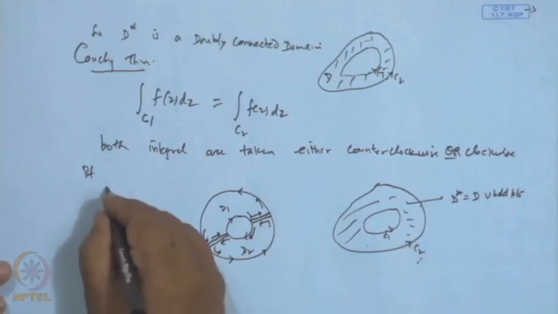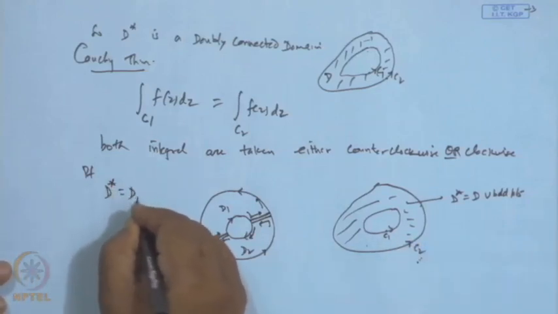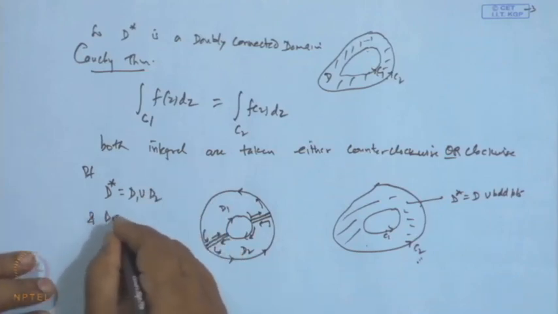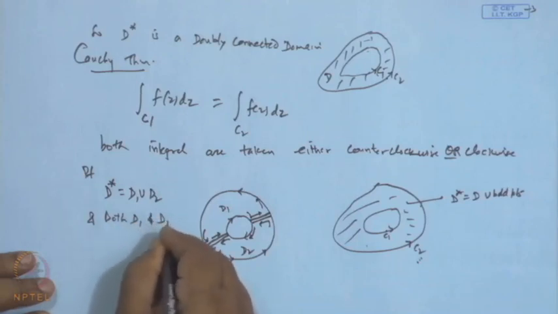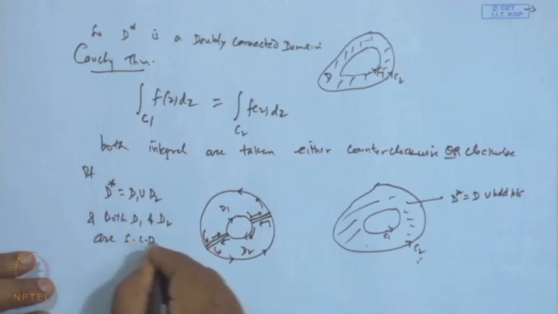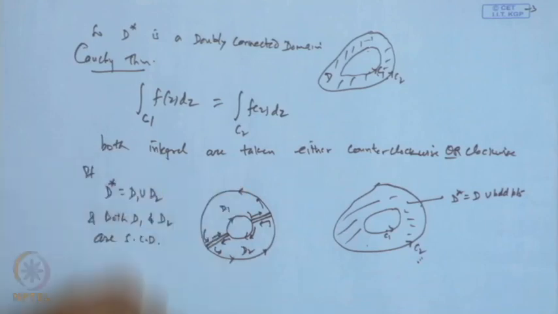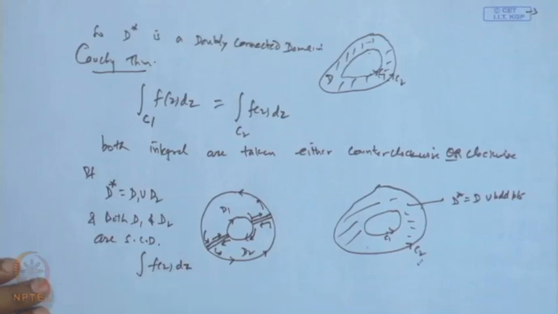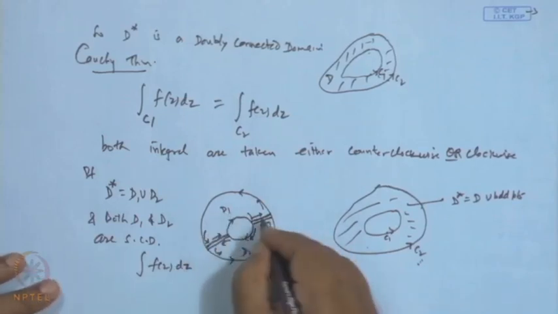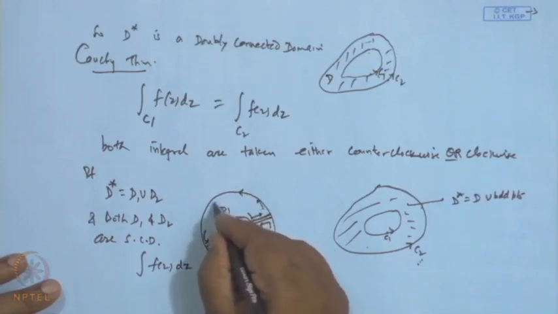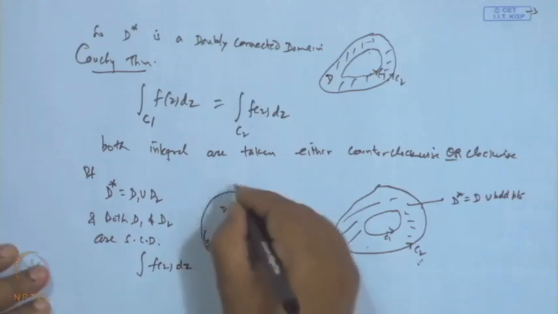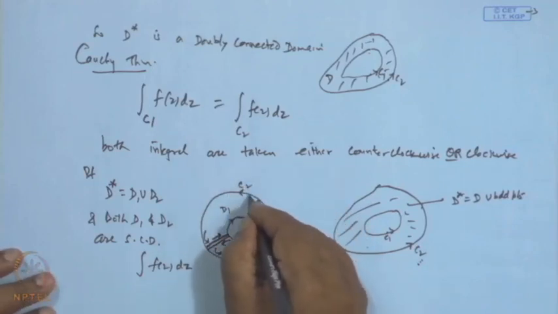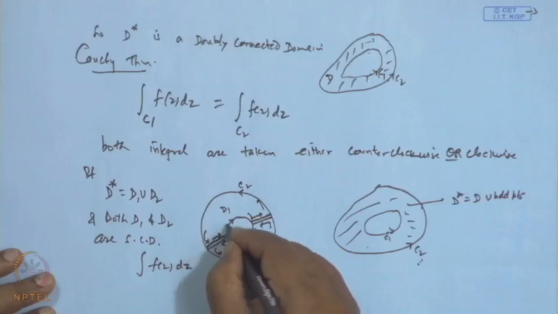So, D star is nothing but D1 union D2, and both D1 and D2 are simply connected domains, so we can apply the Cauchy theorem to them. Therefore, consider the line integral of f(z) dz along the path C2: if I go along this path C2, come back this way and then come here.